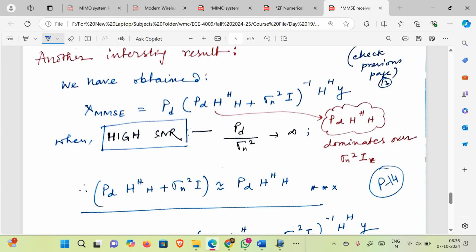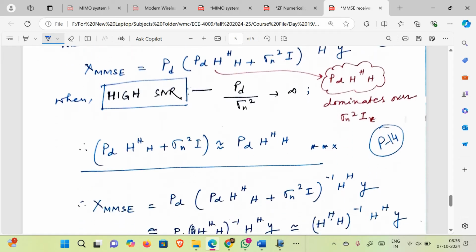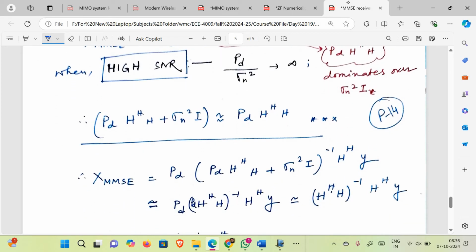Even in BER we have taken that approximation. For high SNR, some approximate BER expressions we have derived. In the same way, if there is a high SNR and PD by sigma n square is almost equal to infinity, then we are looking at a scenario where this PD H inverse H plus sigma n square I will be almost equivalent to PD H inverse or PD H Hermitian H.